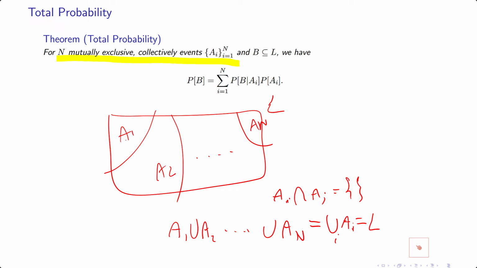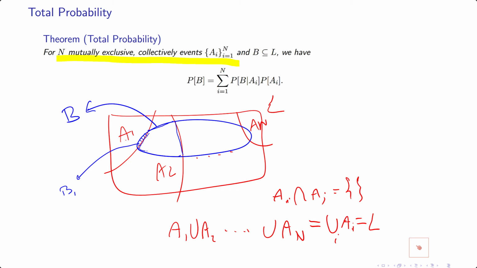let's say event B, suppose that this is B. So this set B can be decomposed into this, which I call B1. Then you have another portion of B, which is B2. This set of mutually exclusive, collectively exhaustive events is called a partition.